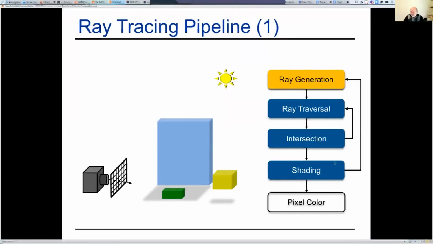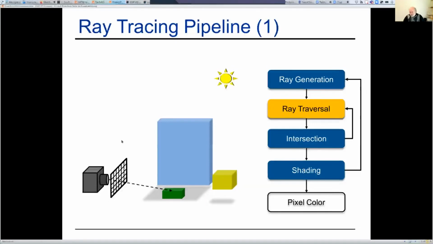And so this is the ray tracing pipeline. Pipeline is not actually the correct name here because pipelines don't have loops to go back, but let's keep this name because it's being used in graphics a lot. So the first step is we generate a ray. So this is this step here.